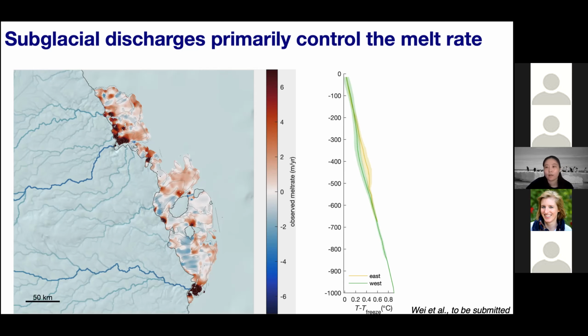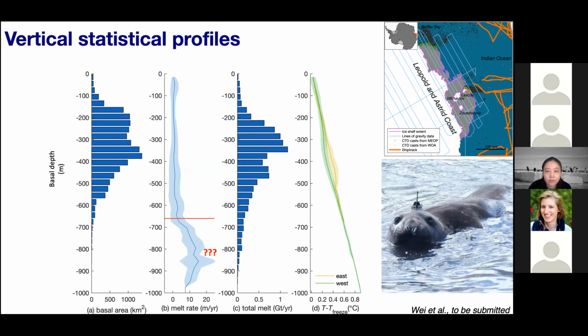Well, I think we don't exclude any existence of MCDW or CDW in West. Our reported existence of MCDW or CDW is based on all the CTD casts from WOA and all the CTD casts from seal divers.